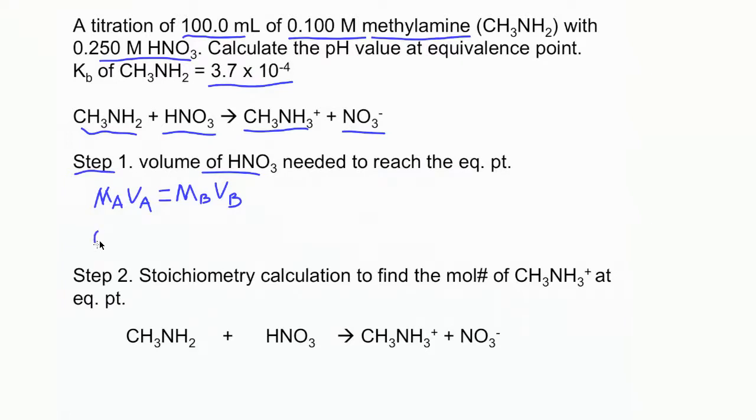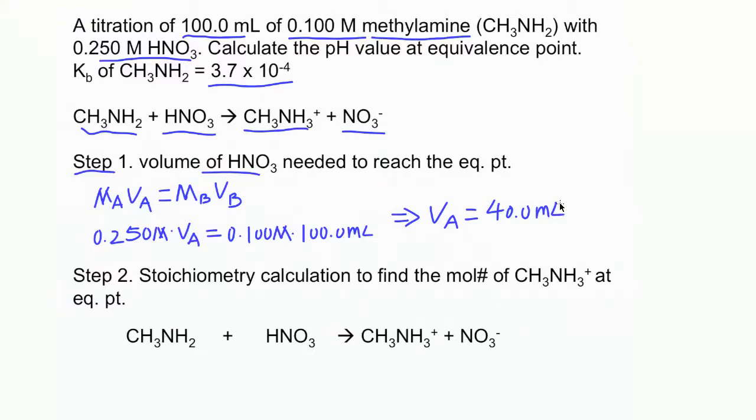Concentration of acid 0.250 mol per liter times VA, this is what we want to know, equals MB, 0.100 mol per liter times VB, 100.0 ml. And if you do the calculation, it tells you that VA is 40.0 ml.